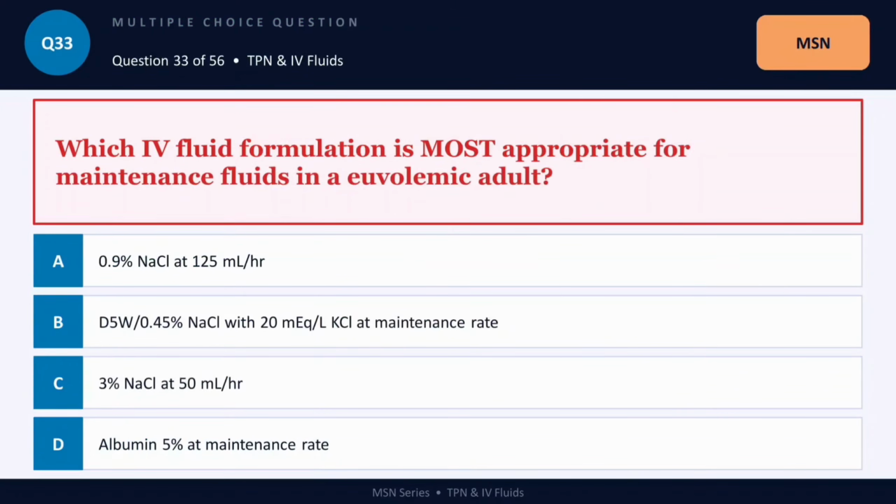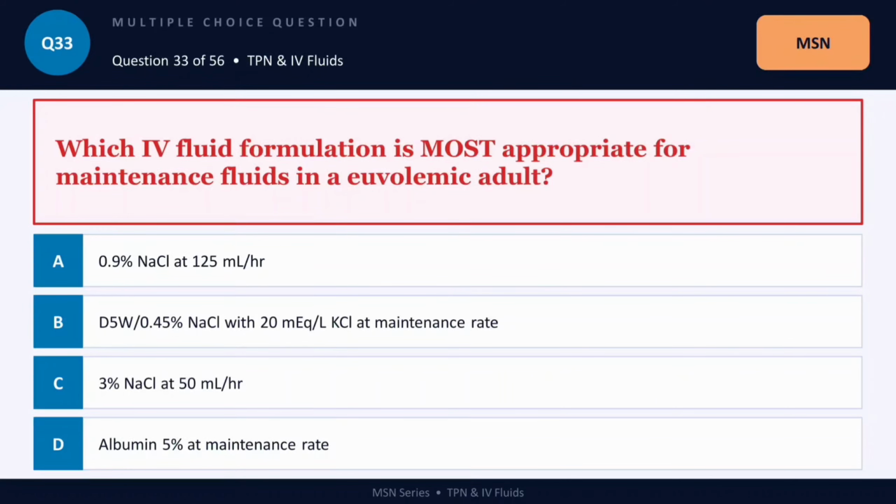Question number 33. Which IV fluid formulation is most appropriate for maintenance fluid in a euvolemic adult? Option A, 0.9% NS at 125 ml per hour. Option B, dextrose 5% in water with 20 mEq per liter KCl at maintenance rate. Option C, 3% NS at 50 ml per hour. Option D, albumin 5% at maintenance rate.